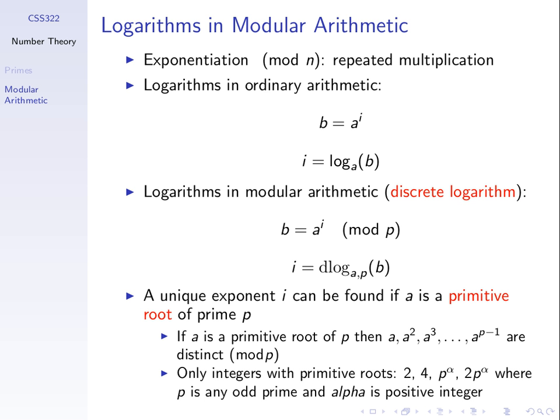Think about that. This discrete log in base 3 mod 7 of 6. Two is wrong.